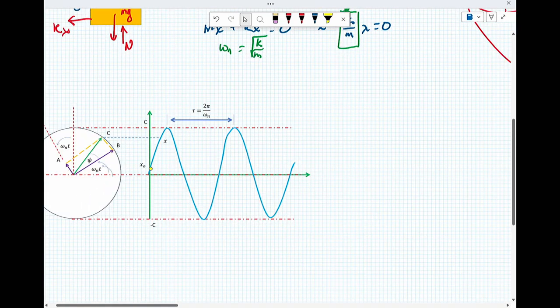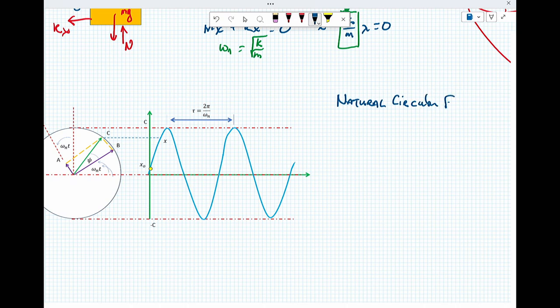I have the natural circular frequency, the natural frequency, and the period of the cycle.